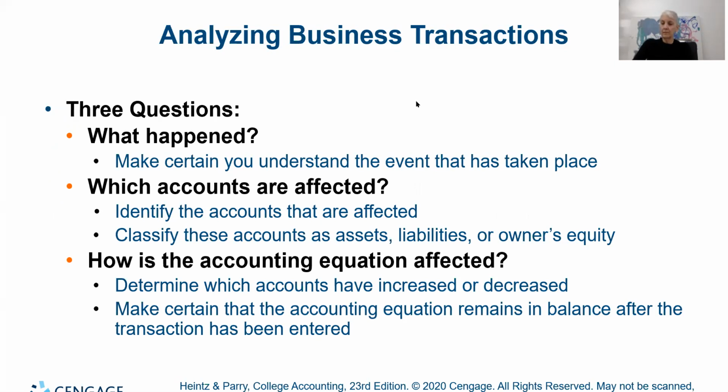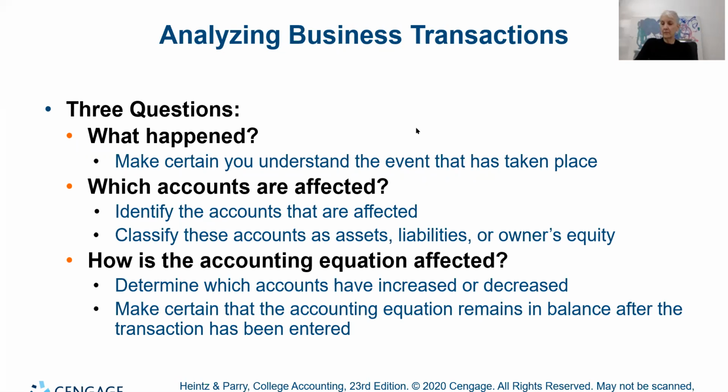A simple example is you're sitting at your desk and the electric bill arrives in the mail, and the electric bill is $800. Well, what happened was you got the electric bill and you're going to have to pay it. So you're going to look at that electric bill. You're probably going to compare it to prior months to see if it's consistent and makes some sense.